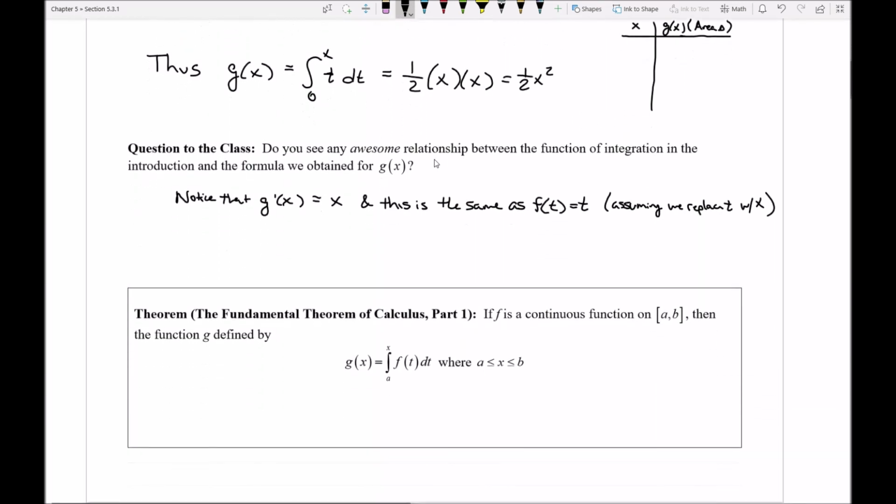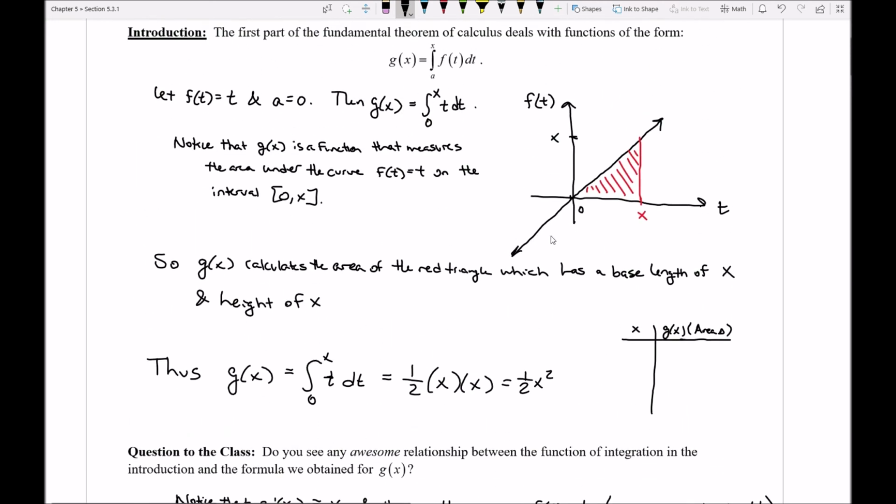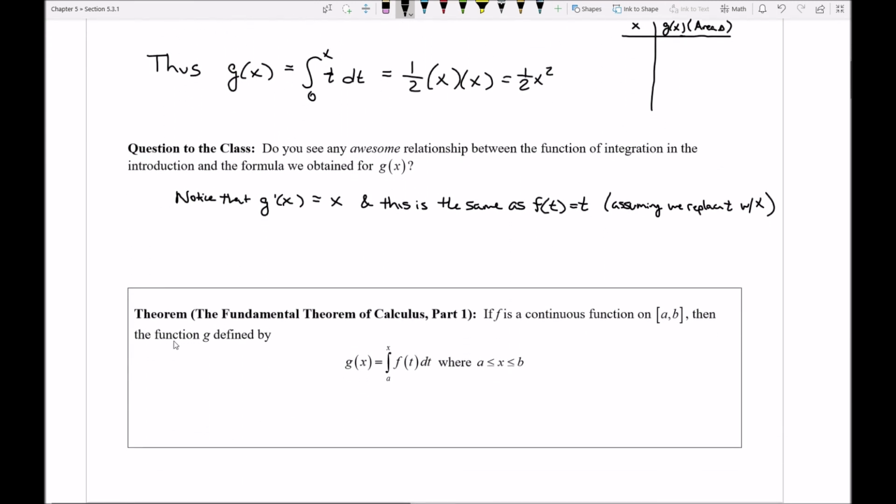This is the idea of what's summarized in the Fundamental Theorem of Calculus, Part 1. It says, if f is a continuous function on an interval from a to b, like here I had an f of t function, it was nice and continuous, then the function g of x, which is one of these big scary integral functions, will have the following properties.